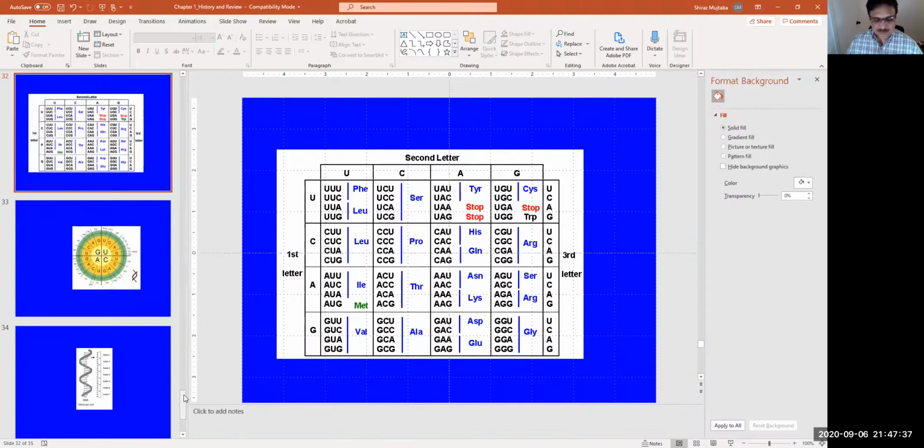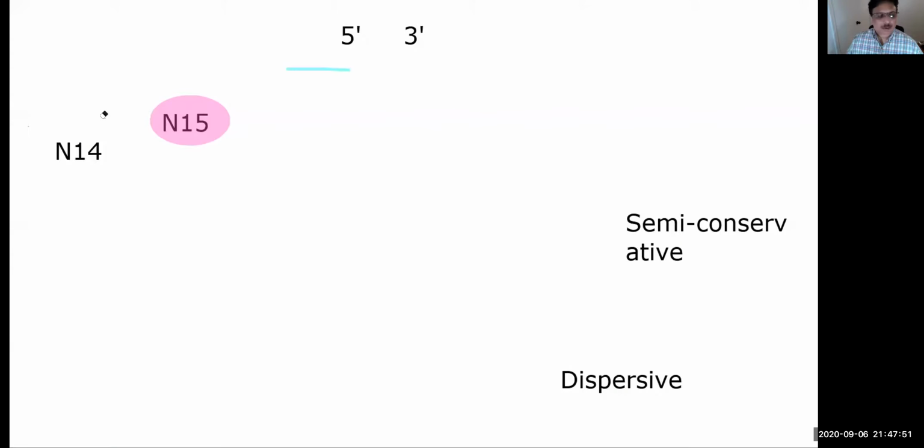Another thing that is very important, which we will learn later, is that the genetic material in an organism could be DNA or RNA.